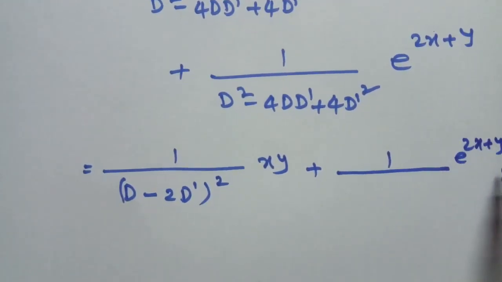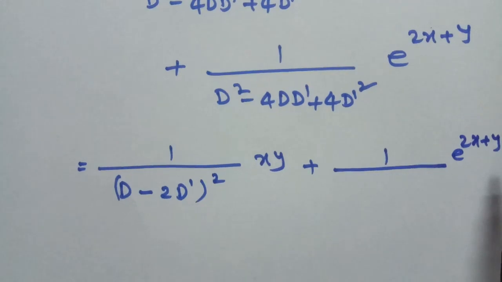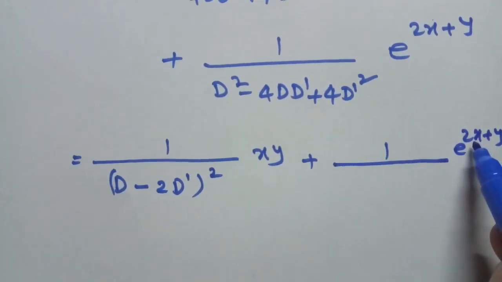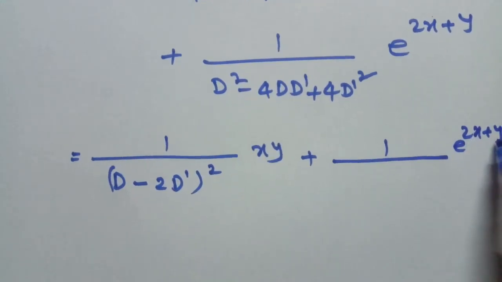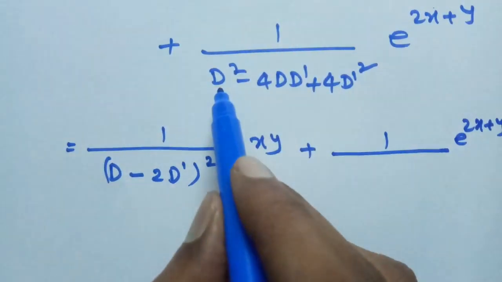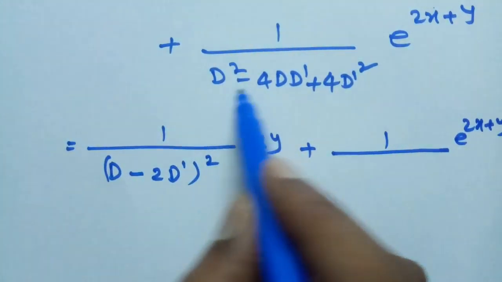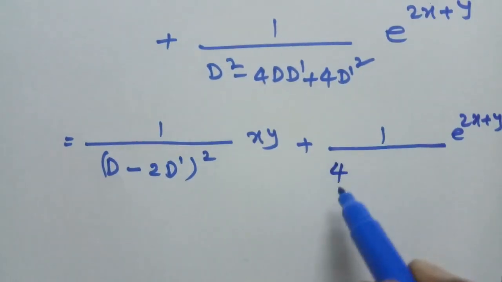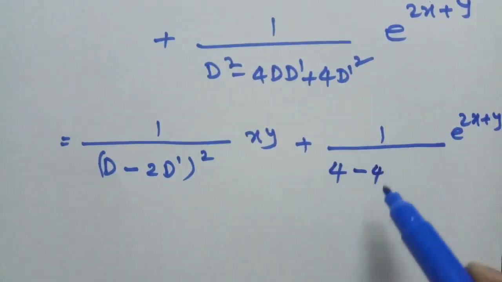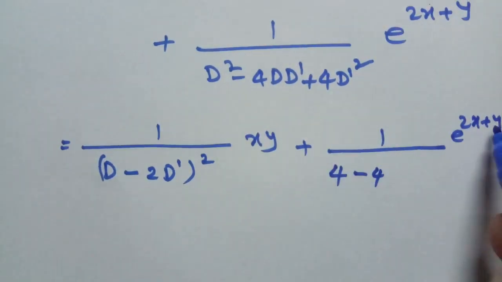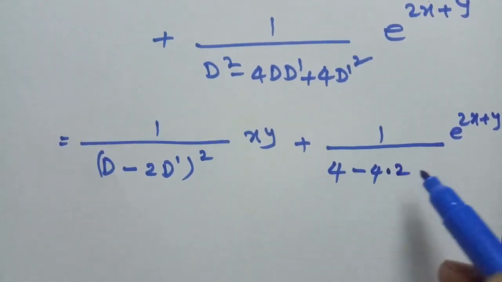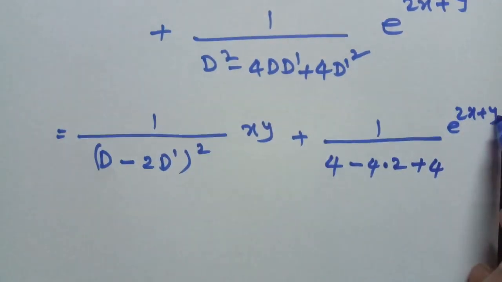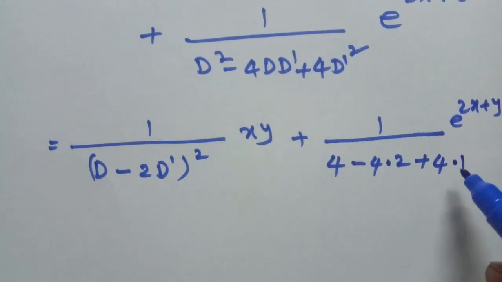This is actually rule number 1. In rule number 1, put D equal to a and D' equal to b, where a equal to 2, b equal to 1. Now you substitute and observe what will happen. Therefore D², that is 2², is 4, minus 4 into 2 into 1, that is 8, plus 4 into 1², b value is 1, so that is 4.